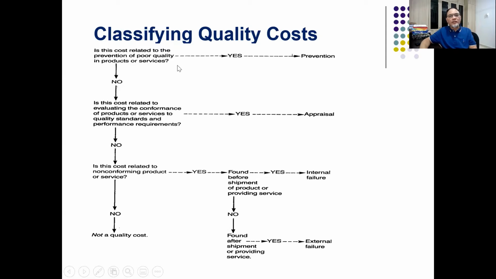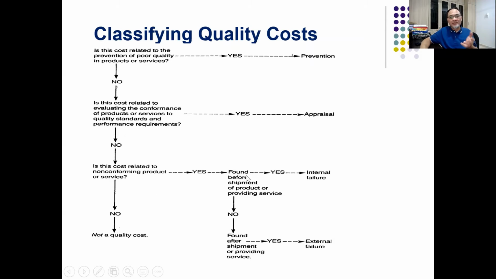So classifying quality costs: is this cost related to prevention of poor quality of products? Yes, it's prevention. If it's no, is the cost related to evaluating the conformance of products or services? Meaning to do some inspection, some checking, some testing. If it is yes, then it's appraisal. If it is not prevention or appraisal, then it must be related to something which is cost related to non-conforming product or service.